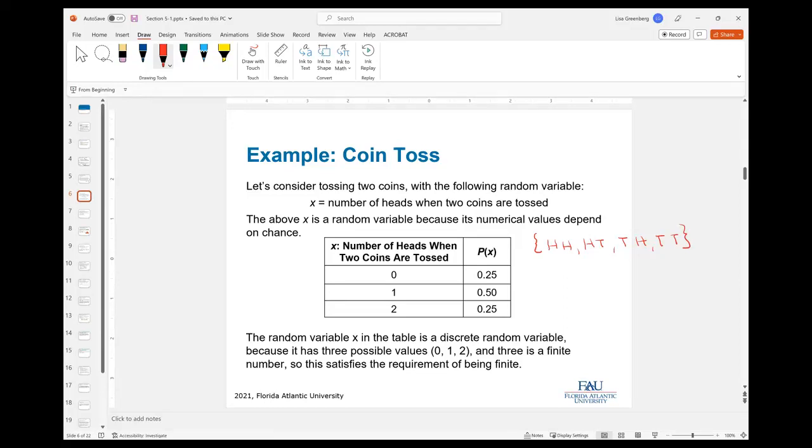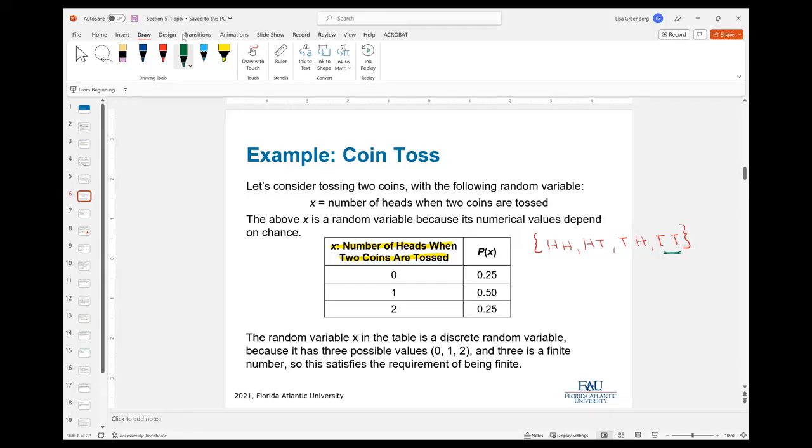So X here is the number of heads when 2 coins are tossed. If I want 0 heads, there's only one of those, right? Tails, tails.